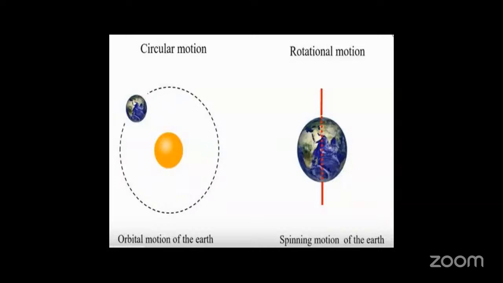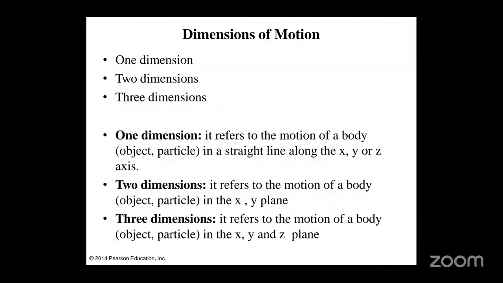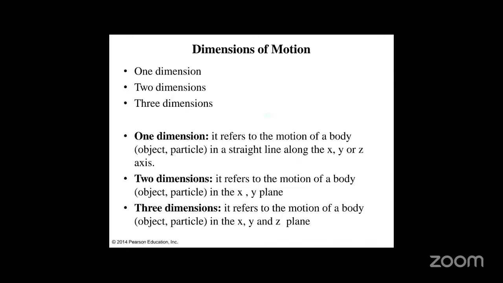So motion can be in one dimension, in two dimensions, or three dimensions. By one dimension, we refer to the motion of a body in a straight line along the x-axis. The x-axis is always horizontal, like a straight line along the x-axis, or it is moving vertically along the y-axis, or it is moving this way along the z-axis.